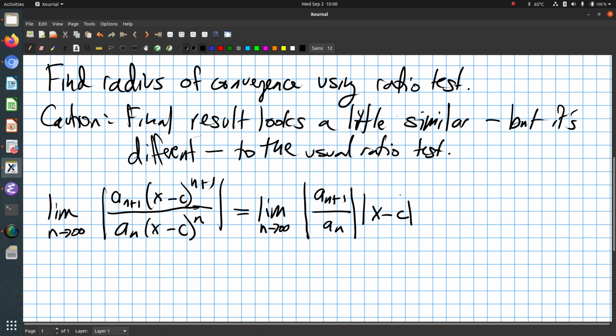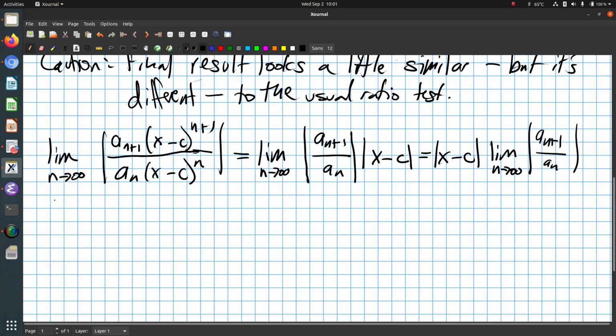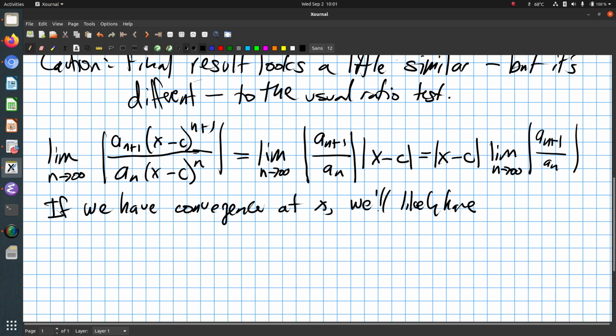And as far as the limit is concerned, that's a limit in n, so that really does not matter. I can factor out the x minus c. And in so doing, if we have convergence at x, we'll have that this limit is less than 1.